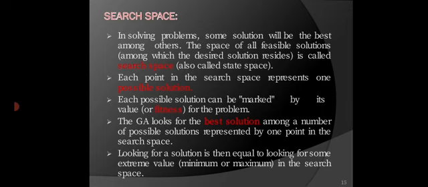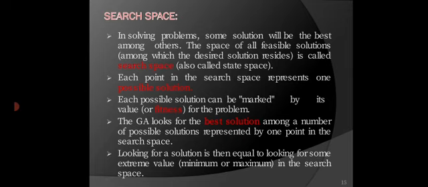So a search space is a space of feasible solutions. Each point in the search space represents one possible solution. Each possible solution can be marked by its value, known as the fitness for the problem.